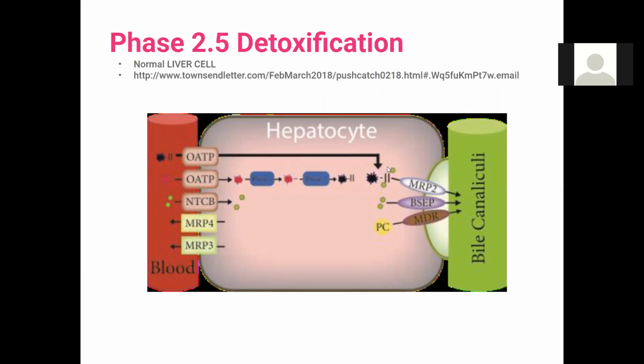and they will conjugate these toxins and toxic metabolites of drugs to bile salts with PC, and that's how you're transporting these toxins out of the body via the bile canaliculi.